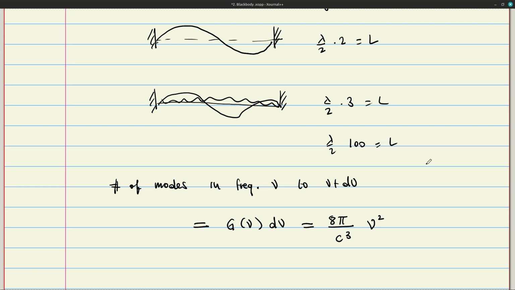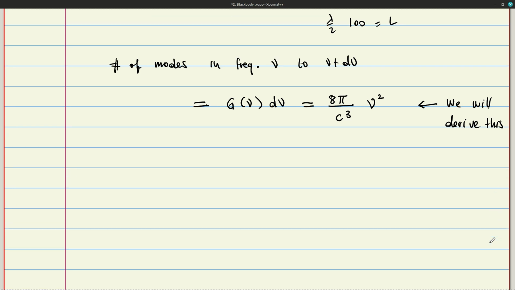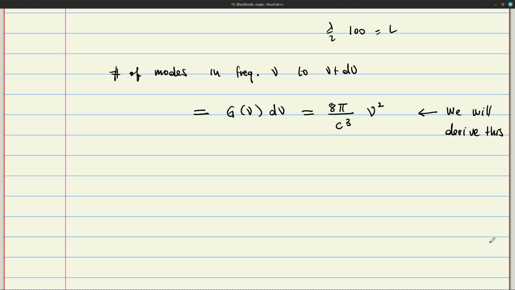I promise I will show this later towards the end of this class. We will derive this, which is not important, but it is a purely geometrical result, and we'll see how to get that. So this is the total number of modes any given frequency has, which comes from this calculation.